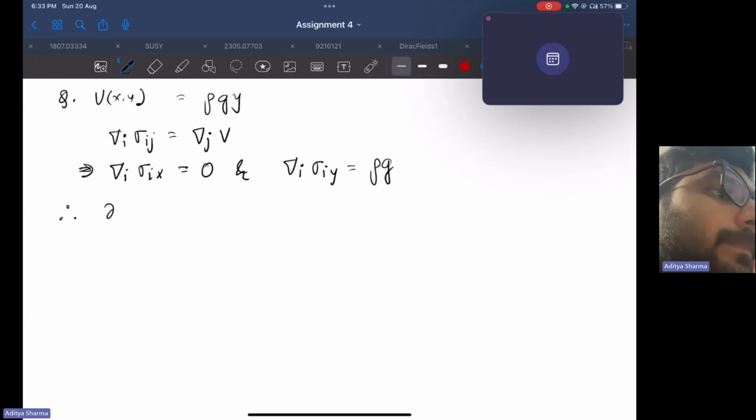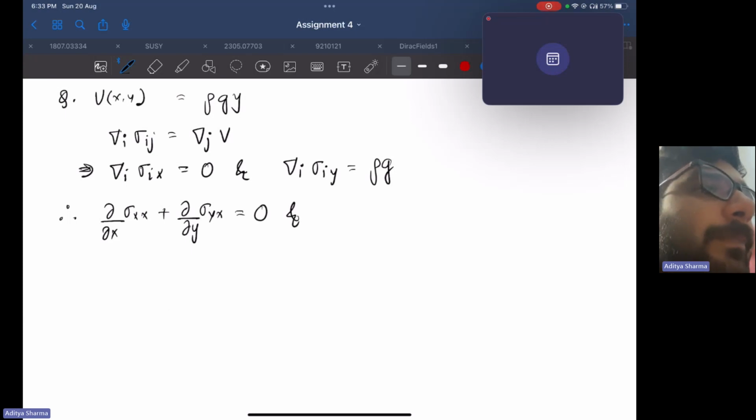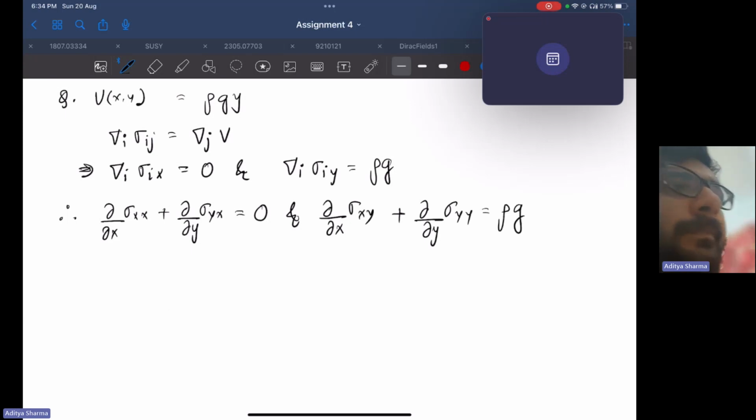Therefore, del x sigma xx plus del y sigma yx is equal to 0, and del x sigma xy plus del y sigma yy is equal to rho g. Now we know sigma xy is equal to sigma yx. Can we do something there? How do we solve this?